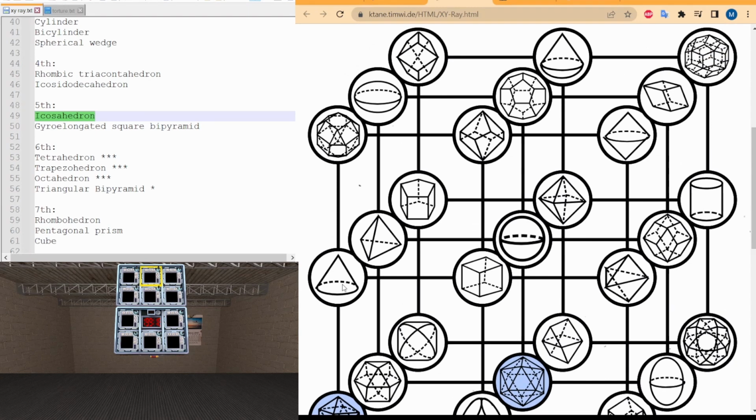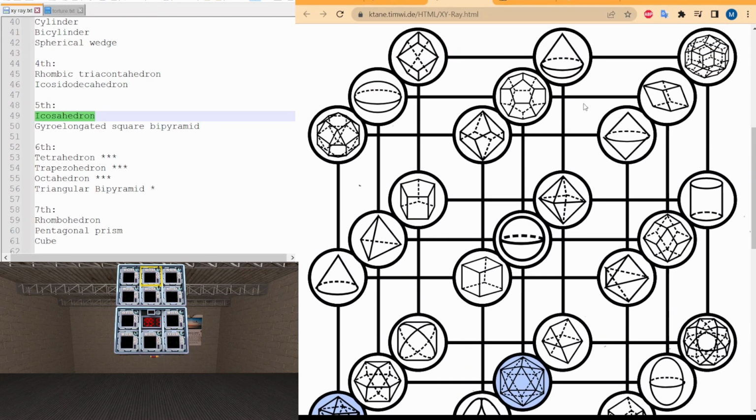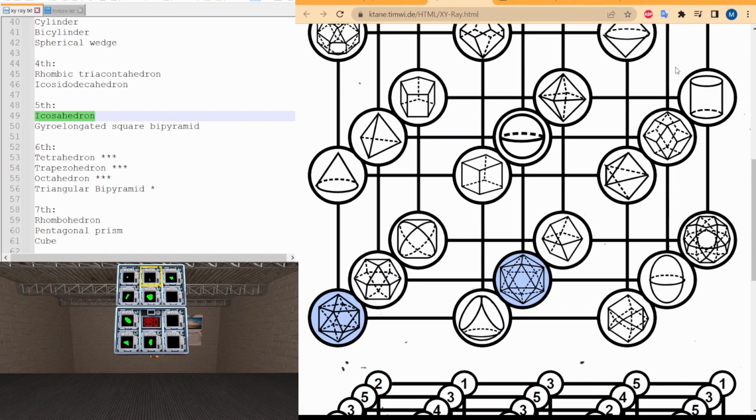The only other shape with vertices with 5 connections, as you remember from previous groups, is this one. So if you see vertices with 5 connections and the sides are not rhombuses but triangles, this means it's one of these two.